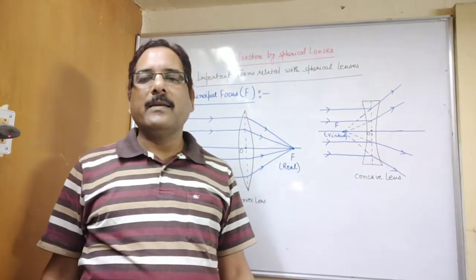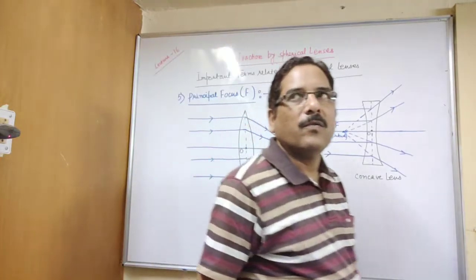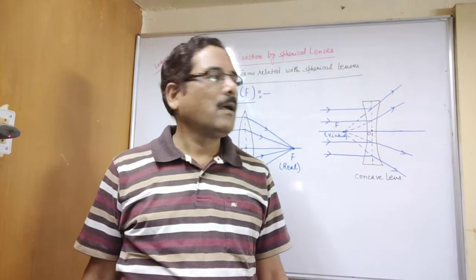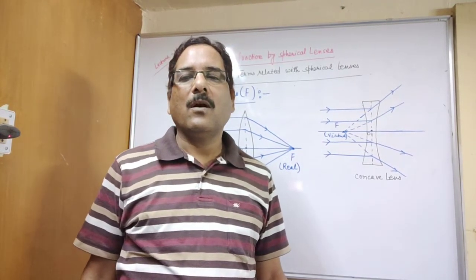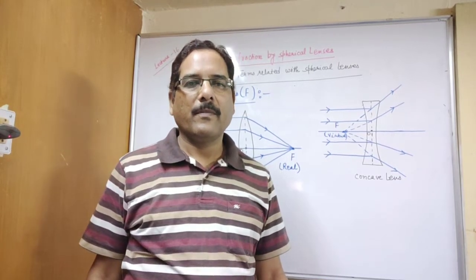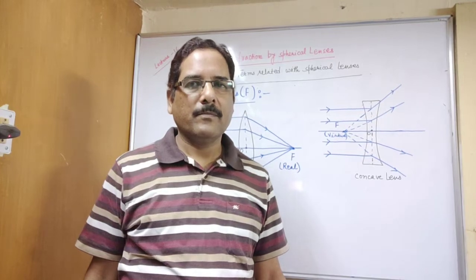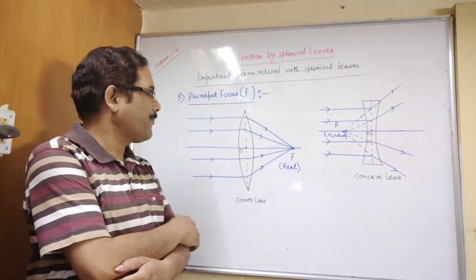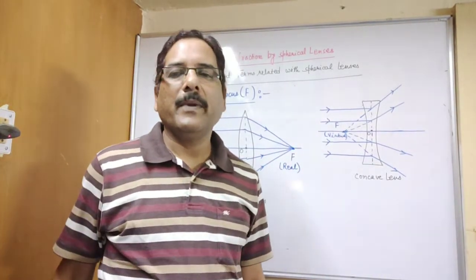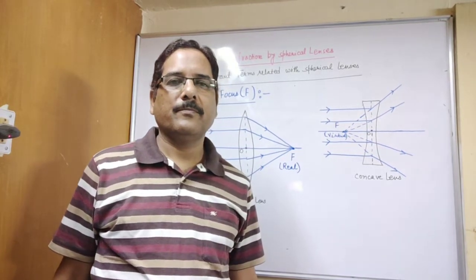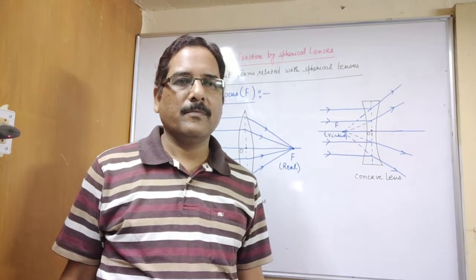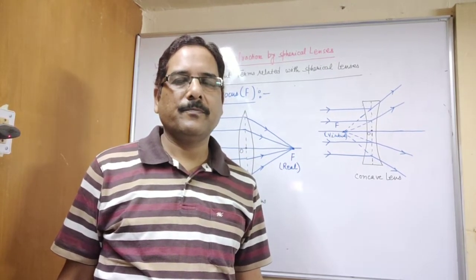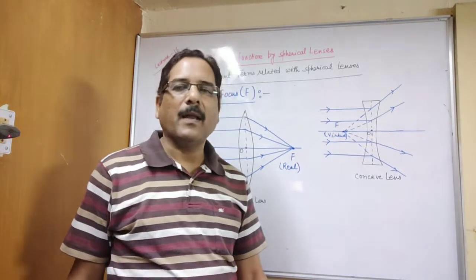Write down: when parallel rays of light fall on a spherical lens, they meet at a point after refraction on the principal axis.